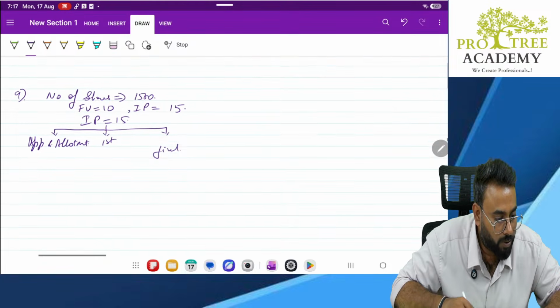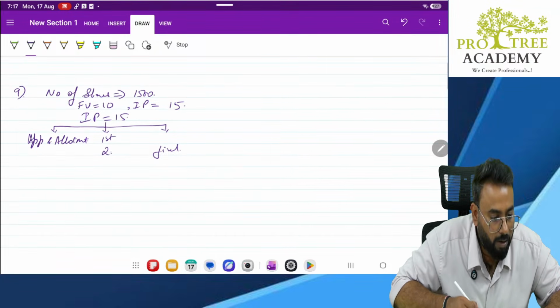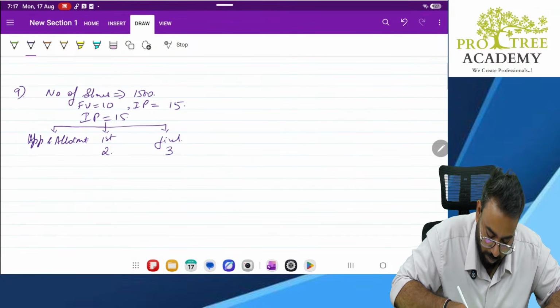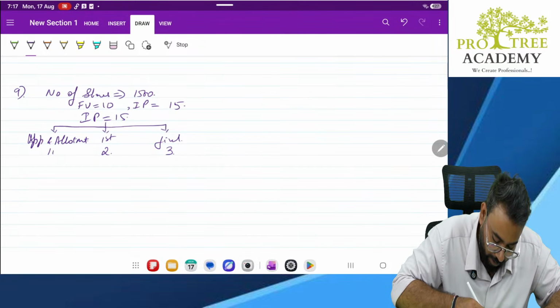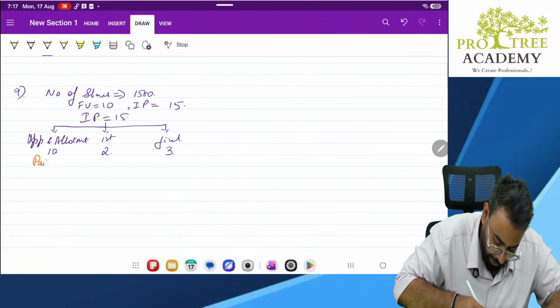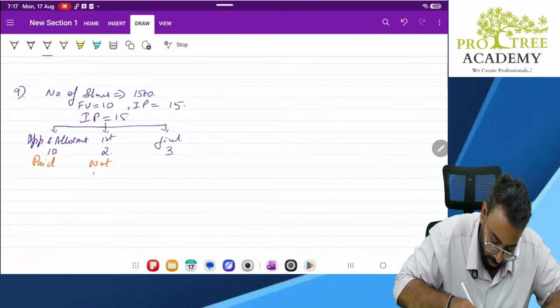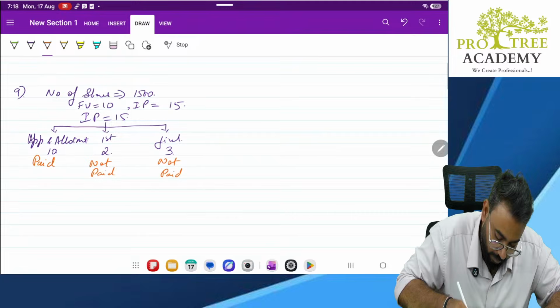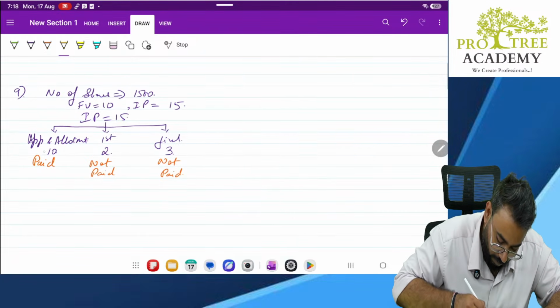How much first call? 2 rupees. Final call 3 rupees. That means 10 rupees is collected here. Okay. Paid, not paid, not paid. Premium 5 rupees.